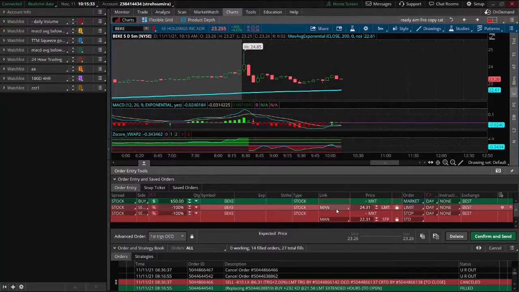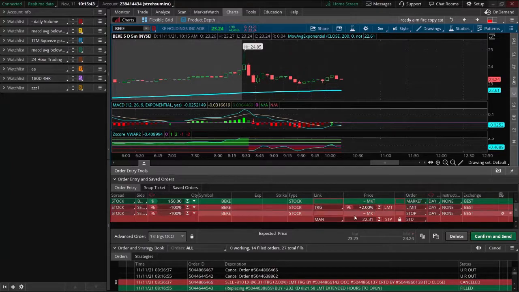We are going to go to trigger, and the trigger is going to be when we reach, let's go to percent, a 2% gain, which is our 2-to-1, it's going to sell. Or, let's go to percent, a minus 1% loss, it will sell right away. So that's our 2-to-1 ratio.